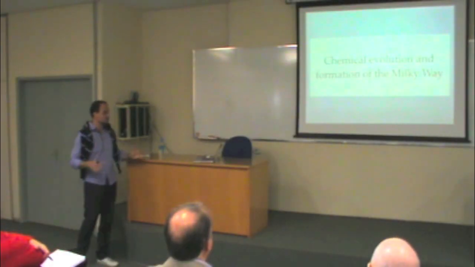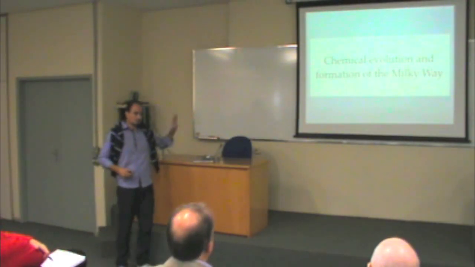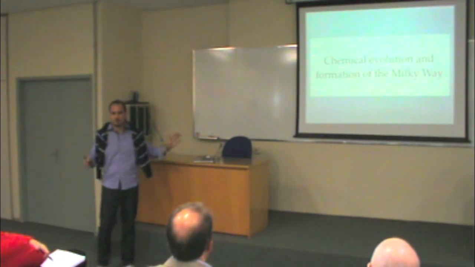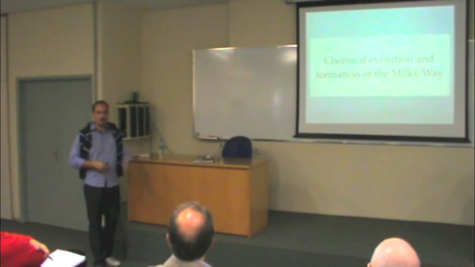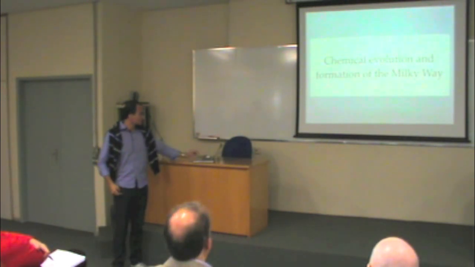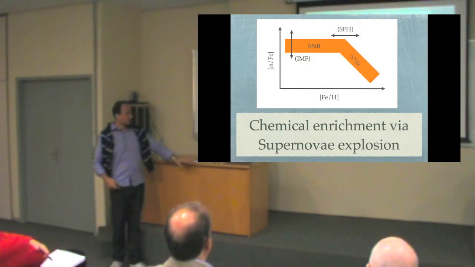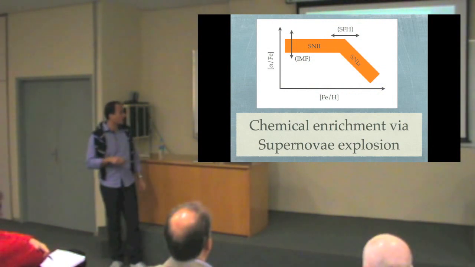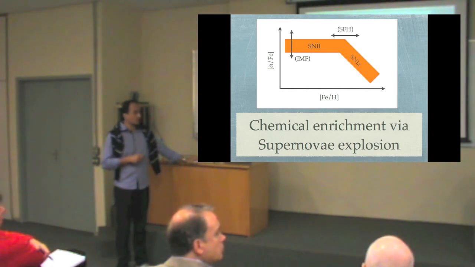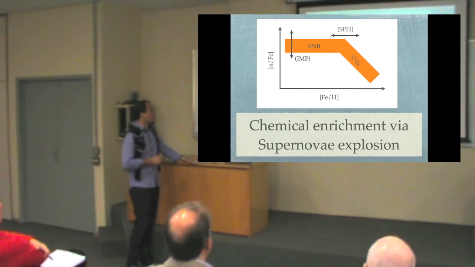So with our results, you can check how they can tell us about the chemical history of the Milky Way, or the formation and evolution of this galaxy. Just to remember the chemical enrichment via supernova explosion, looking at this plot that I use a lot here.